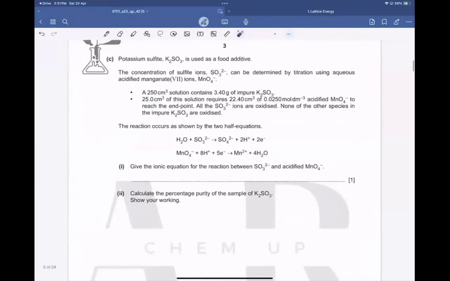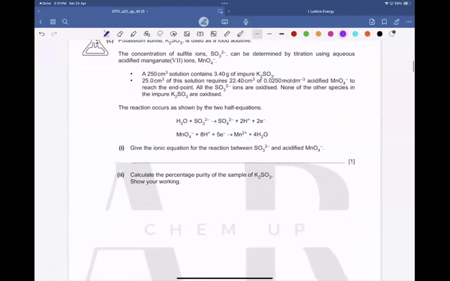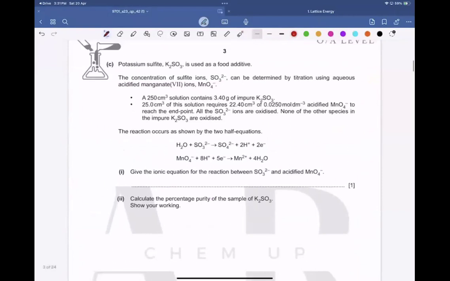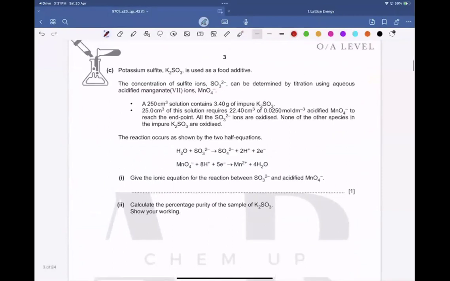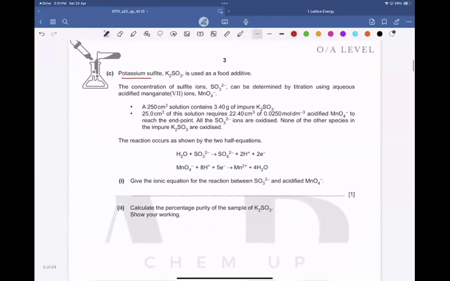Okay. Now, next part, C. Potassium sulfite K2SO3 is used as a food additive. The concentration of sulfite ions, SO3 2-, can be determined by titration using aqueous acidified manganate ions.